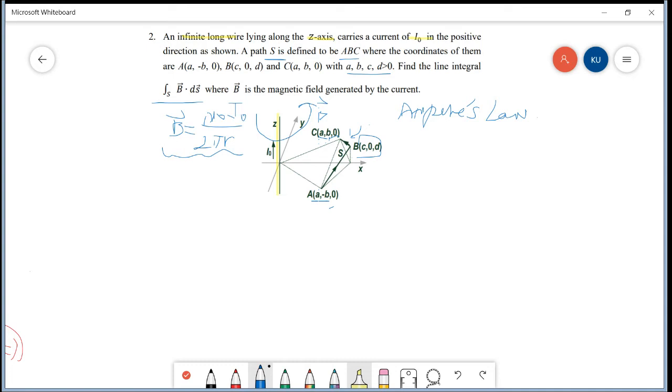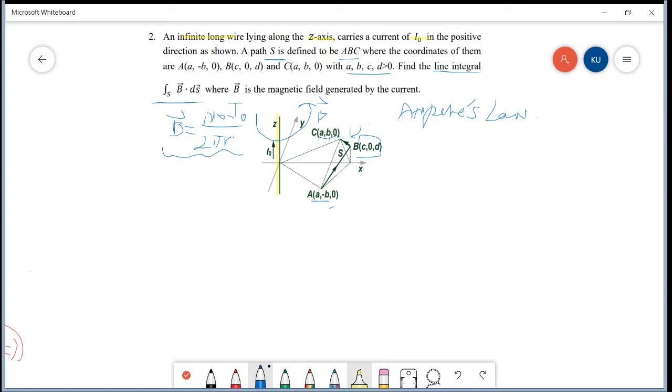Find the line integral of B dot ds, where B is the magnetic field generated by the current I0. The problem design here is not to require you to directly do the line integration, but at least you need to know what it means.